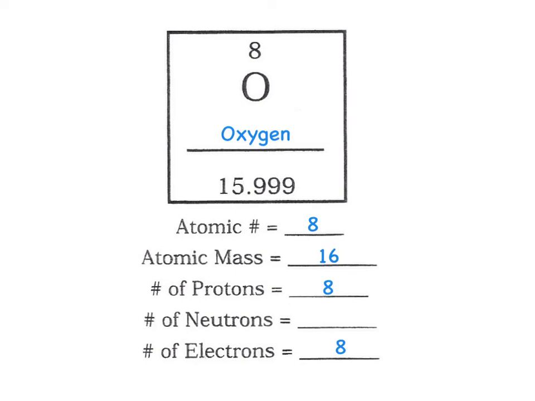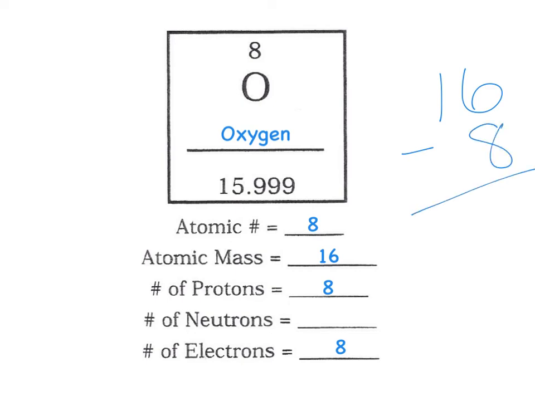So last but not least, I've got to figure out my number of neutrons. Well, I know how many protons I have, and I know protons and neutrons live in the nucleus together. And I remember taking notes that said my atomic mass was the number of protons plus neutrons. So let's take my atomic mass, and I'm going to subtract what I know, which is my number of protons in my nucleus.